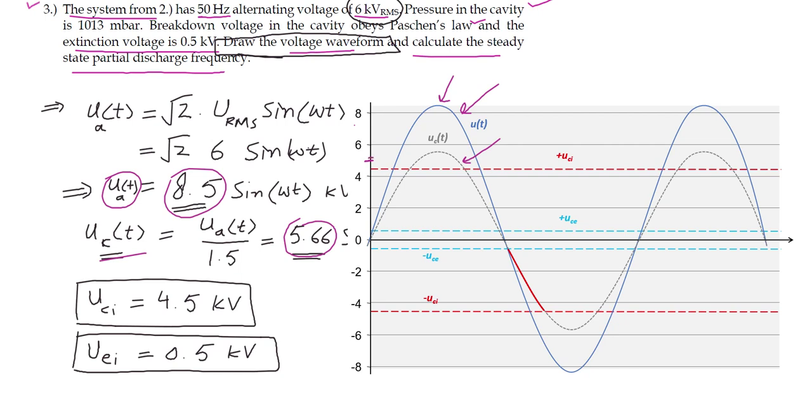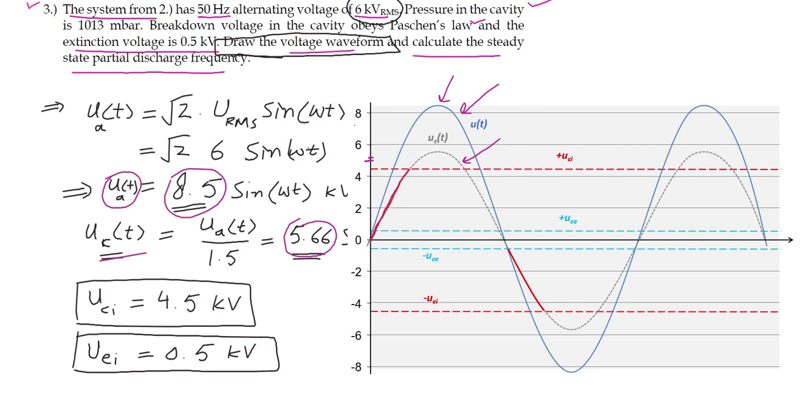Okay. Now, in order to draw the partial discharge characteristics, how partial discharge behaves, we will follow the UC curve. So voltage will rise across the cavity until the voltage reaches 4.5.